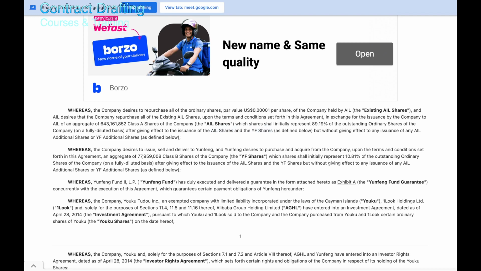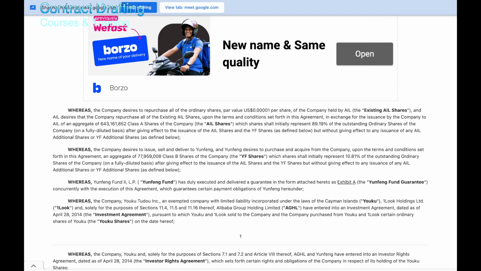Then coming to the third sentence, the company desires to issue, sell and deliver to Yunfeng, not AIL, Yunfeng. And Yunfeng desires to purchase and acquire from the company, upon the terms and conditions set forth in the agreement, an aggregate of this number of class B shares of the company, known as YF shares. So you see YF shares and AIL shares have different meanings.